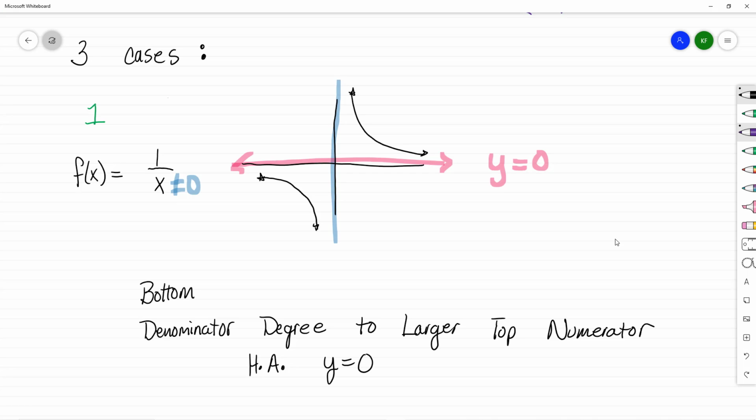Always, 100%. So when I go back and look at my parent graph here, it's power 1. And even though it's a constant on the top, what we really have is power 0. That's where the constant comes from. So this is the case.